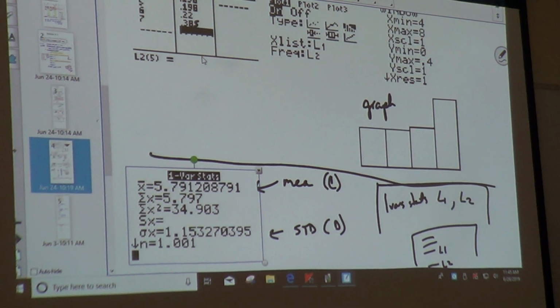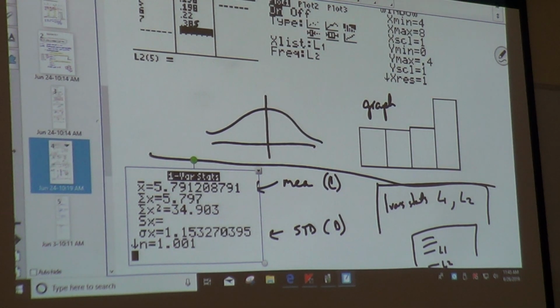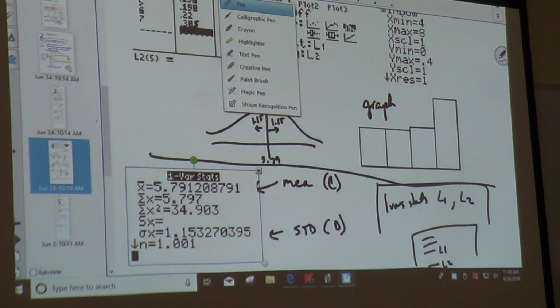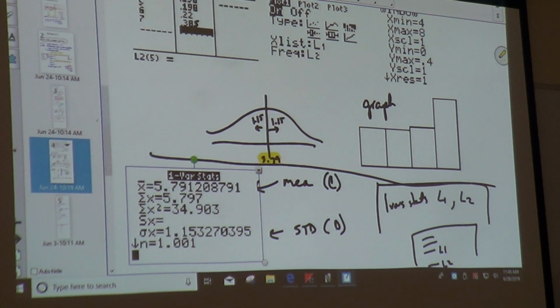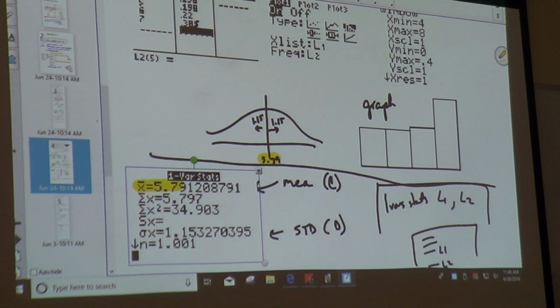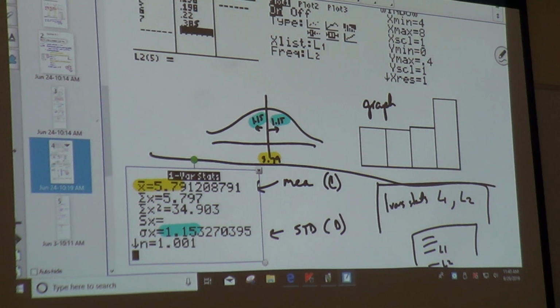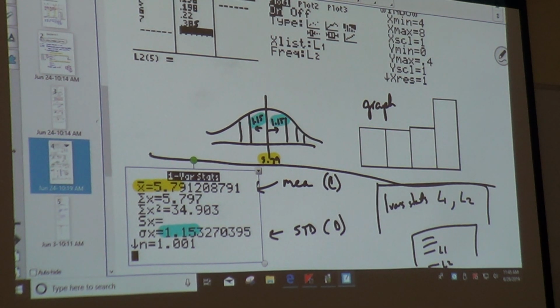So if I was interpreting this, my mean would be 5.79, and off of that mean, I would jump 1.15. So my mean is in the middle, and then my standard deviation is what I wiggle off that mean. And I would do like 3 to the left and 3 to the right.